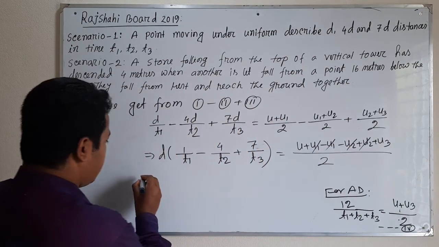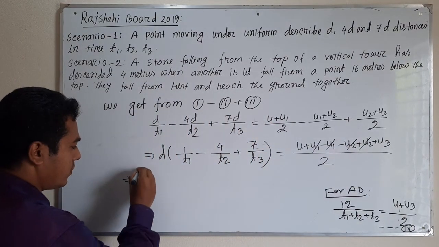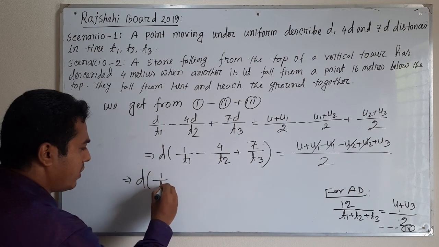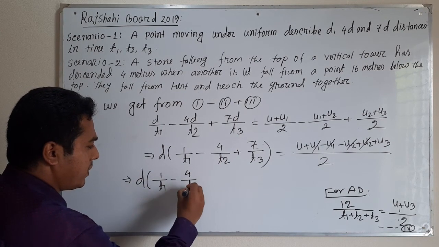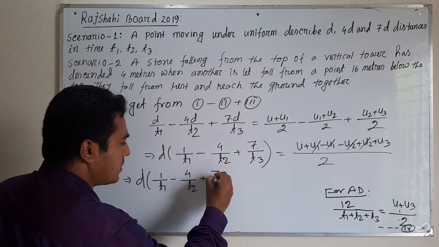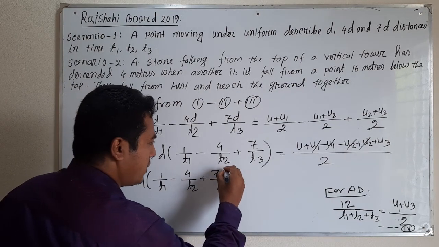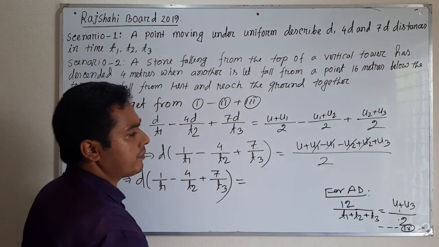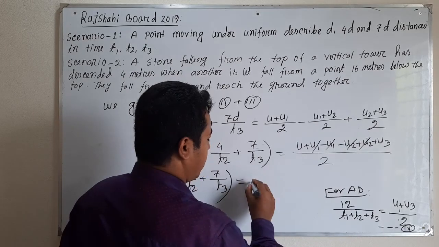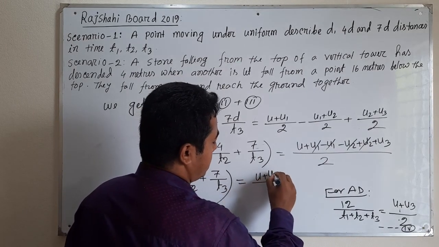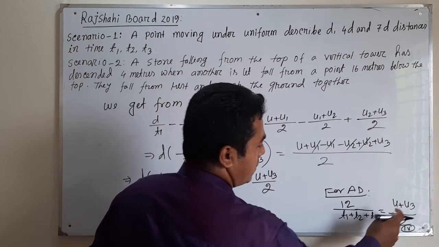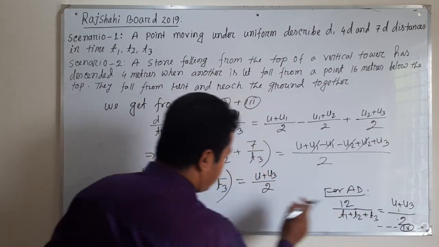It will be U plus U3 divided by 2. U plus U3 divided by 2 is equal to this.